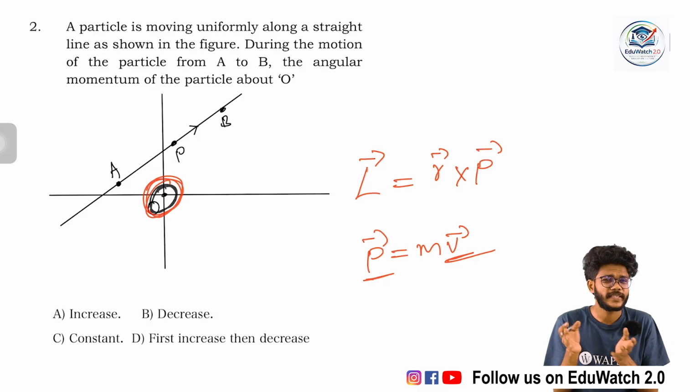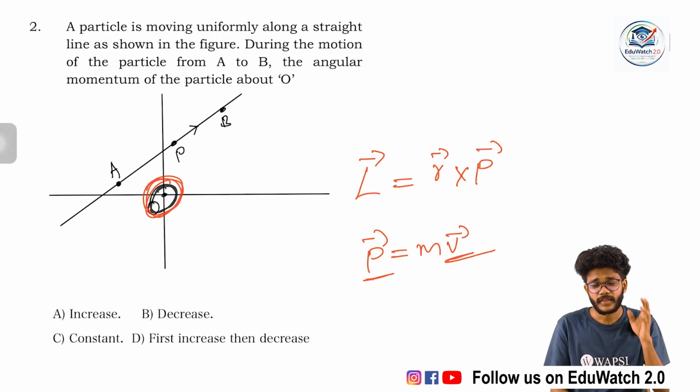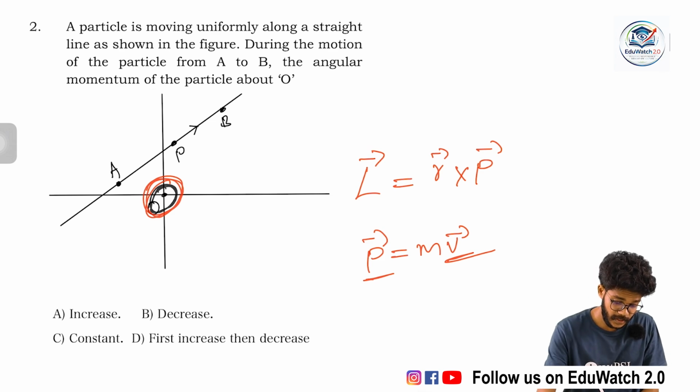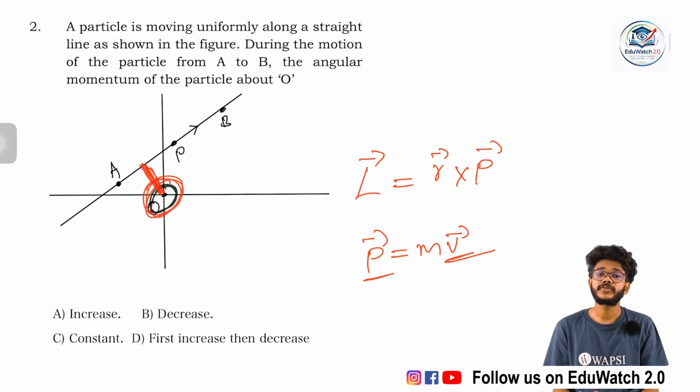So how can we define vector R? What is the definition for R? R is nothing but the perpendicular distance between the origin, that means the point at which the observer stays, and the line. Okay, the perpendicular distance, that means this will be the R. R is not changing, R is constant, because the origin is not changing.